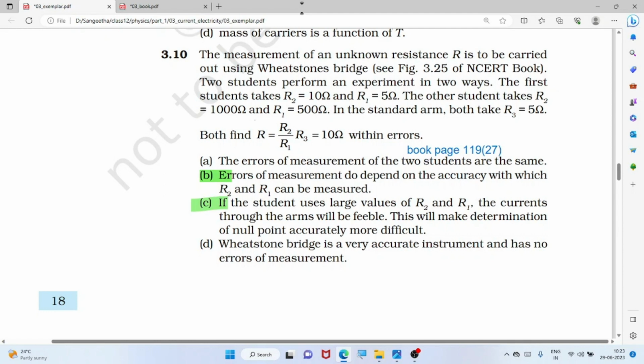No, that is not the same. Error of the measurement depends on the accuracy with which the resistances are chosen. If the student uses large values of resistance, current through them will be feeble, that is less. This will make the determination more difficult. So these two are correct.